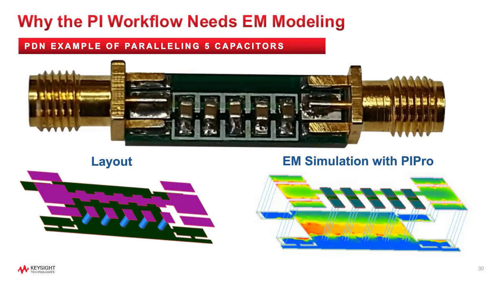This simple PCB has 5 side-by-side capacitors mounted and a connector at each end for measurement. You might expect that paralleling 5 identical capacitors will result in 5 times the capacitance with 1/5 the resistance and inductance. But due to small parasitic inductance in the circuit board, the parallel capacitors have a more complicated behavior.